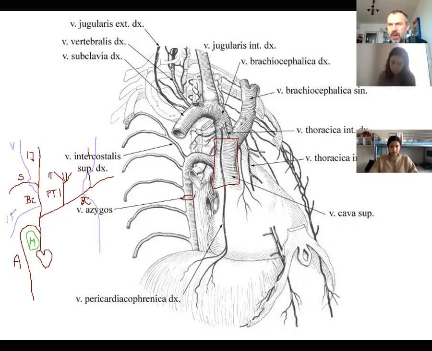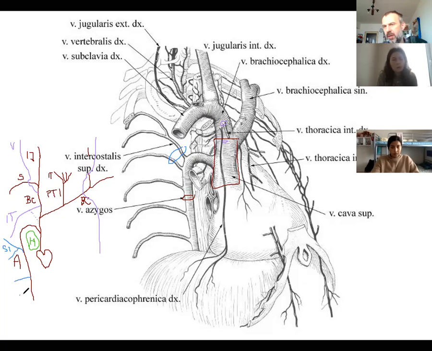The internal thoracic on the right side can drain either here into the brachiocephalic, or it can even drain a bit caudally into the superior vena cava. Yeah, it depends. So it can drain even here. And then we have here veins from intercostal spaces. Yeah, we can see these, which drain the intercostal spaces. So the azygos vein receives a vein which is called the superior intercostal, and it drains the superior intercostal spaces.